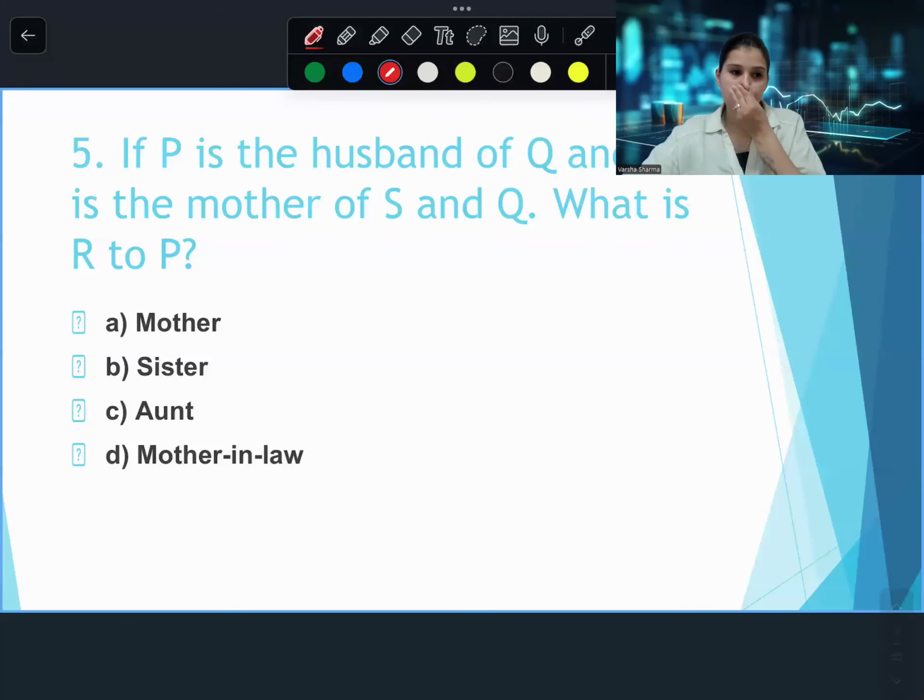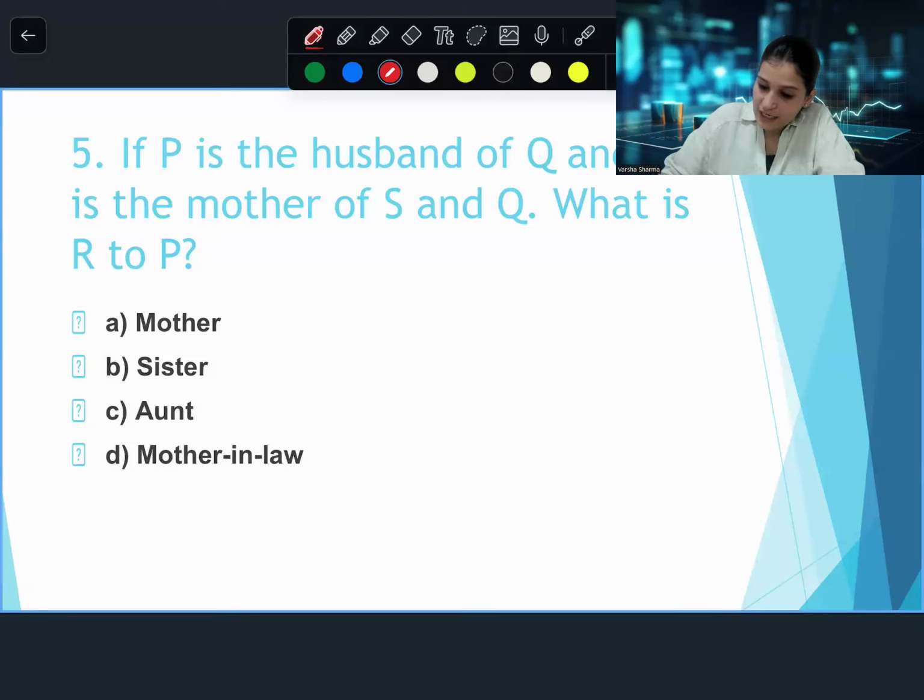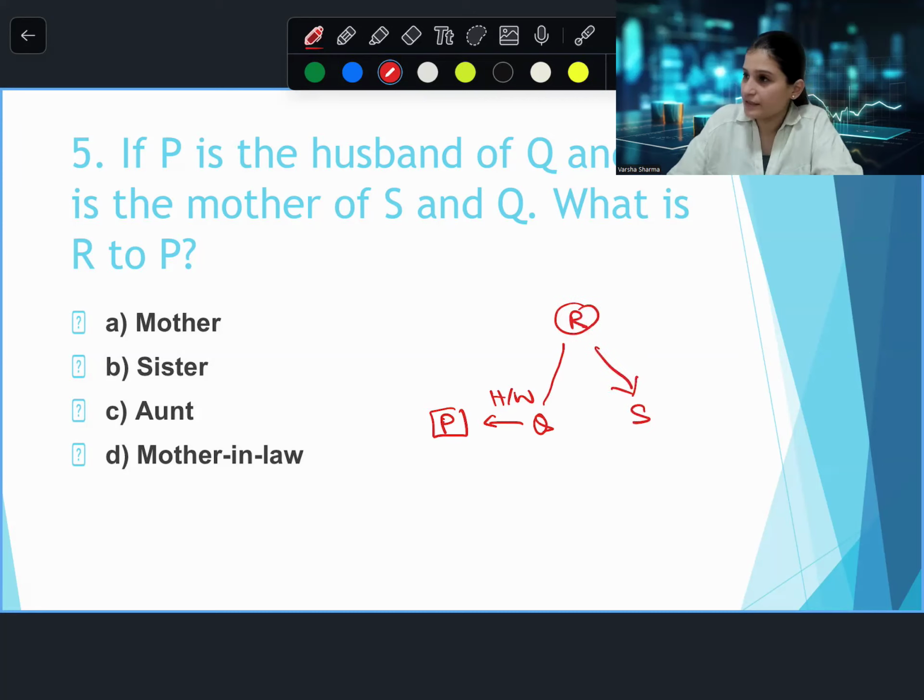Question number 5. Mother-in-law. P is the husband of Q. R is the mother of S and Q. That means here we also have S. We are not sure about the gender of S. What is R to P?